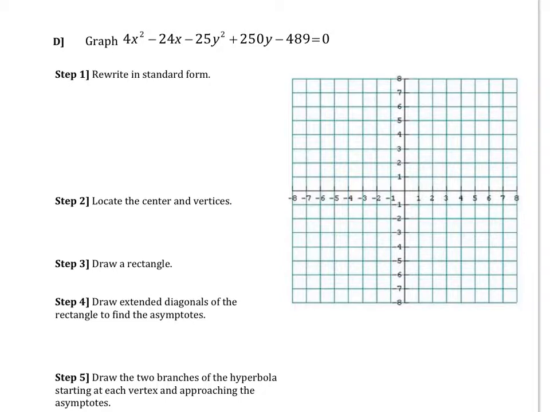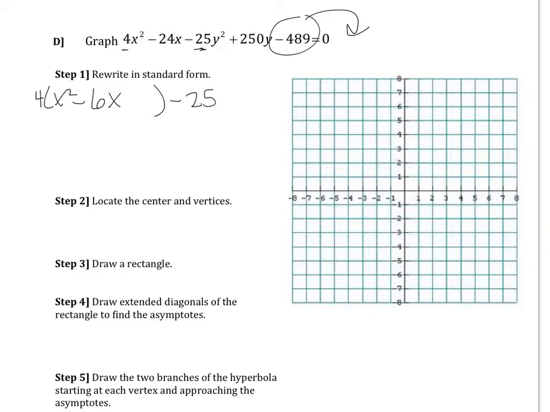It's already kind of arranged nicely for us, so I'm just going to rewrite. Actually, I'm going to move the 489 over, and I'm going to factor out this 4, and then factor out the 25. So 4 times (x squared minus 6x, leave that open), minus 25.